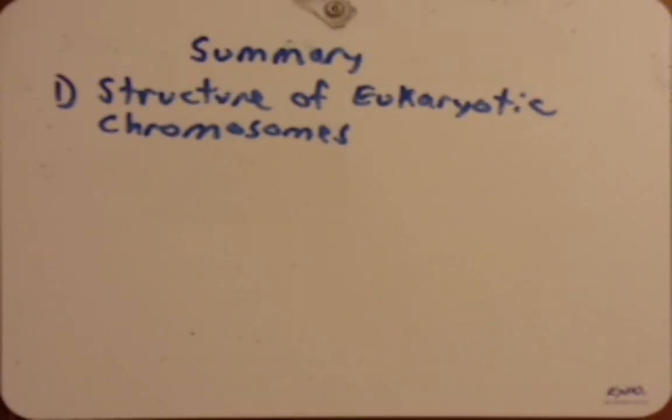So remember, we talked about the different parts of it, including the centromere, the telomere, the areas of repetitive sequences, the kinetochore proteins that bind to the centromere, the multiple origins of replication, and that the overall size of the eukaryotic chromosome is much larger than that of the bacterial chromosome, in large part due to the massive amounts of non-coding DNA, such as the repetitive sequences.